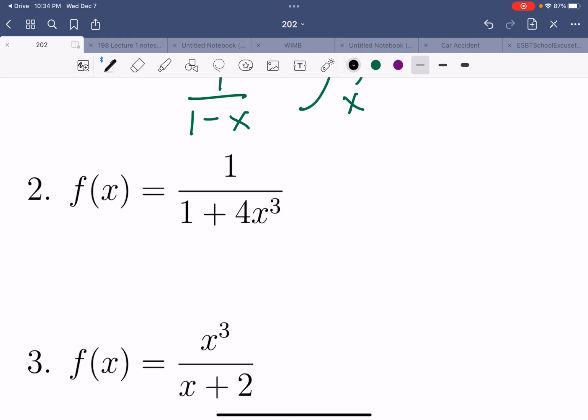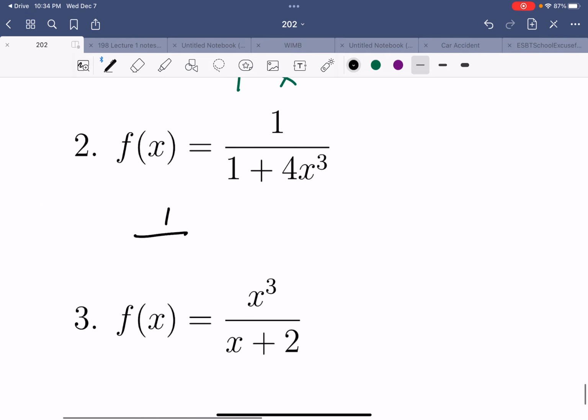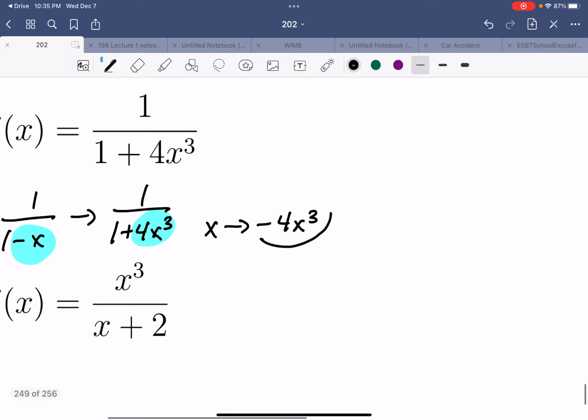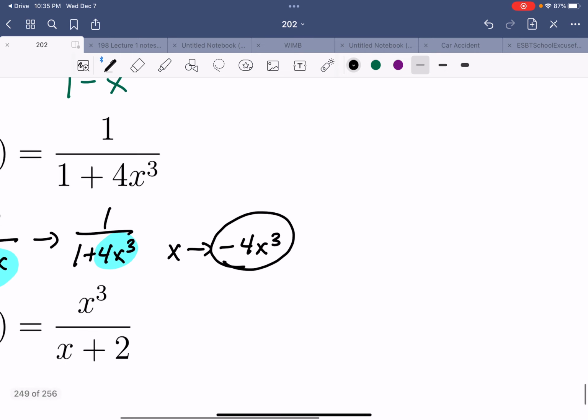Okay, so I need to go from 1 over 1 minus x to 1 over 1 plus 4x cubed. Notice that I have a 4x cubed in the negative x spot. So my x has to become negative 4x cubed. That's what I'm going to sub in for my x in the series.